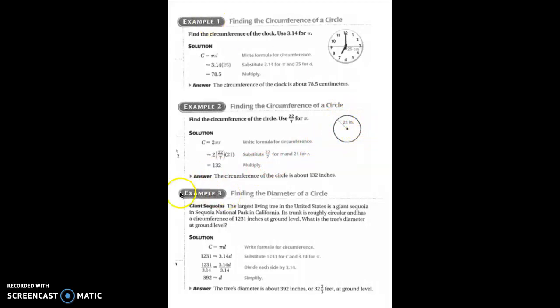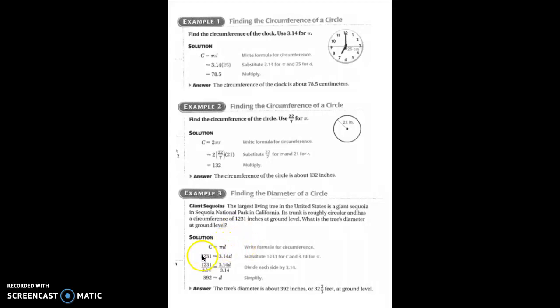Our last example shows you how to find the diameter of a circle. If you're given the circumference, in this situation, you're trying to find the diameter of a tree at ground level. You're given that around the tree trunk is 1231 inches, and you want to find the diameter.